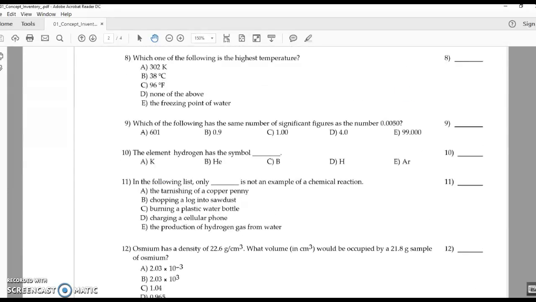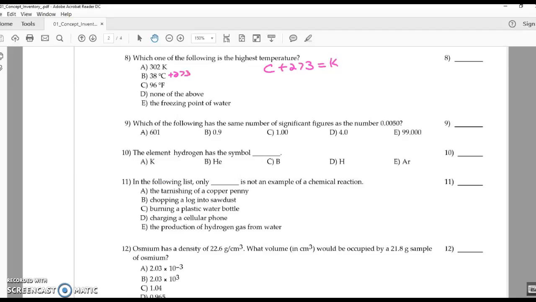Which of the following is the highest temperature? So I'm going to convert them all into Kelvin. The formula we want to memorize is C plus 273 equals Kelvin. So 38 plus 273.